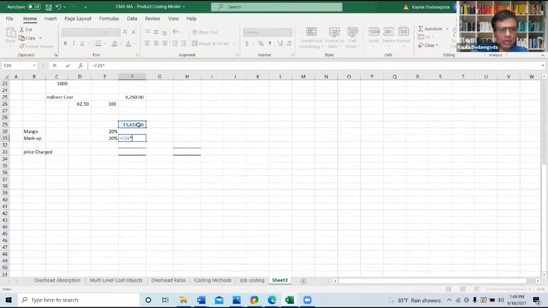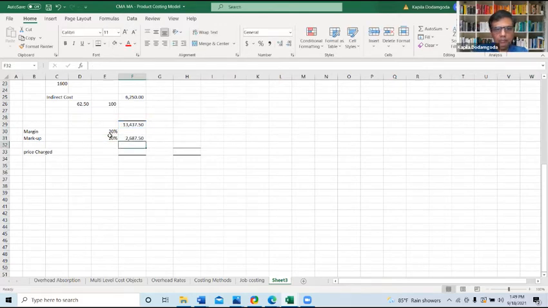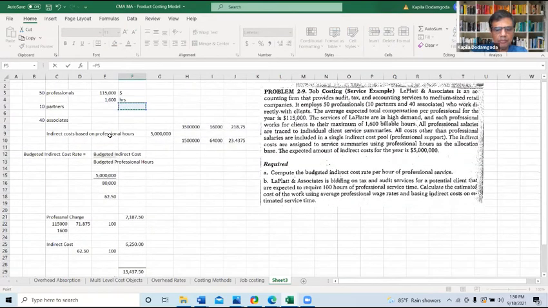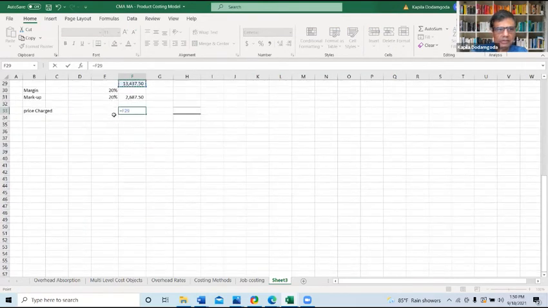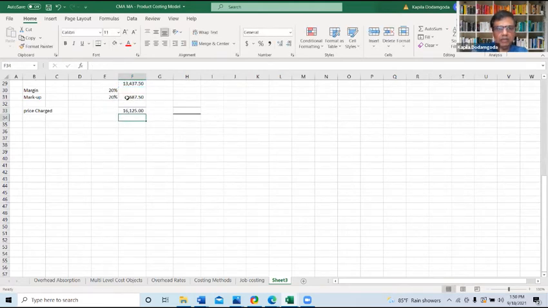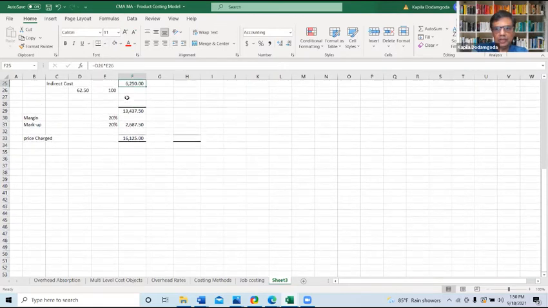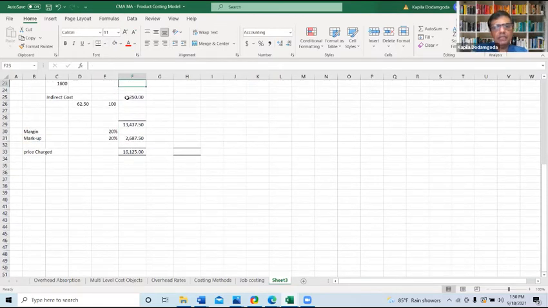On that cost, you are going to add the 20% markup, which means the price will be 16,125. And if it is a 20% margin, what would be the price?